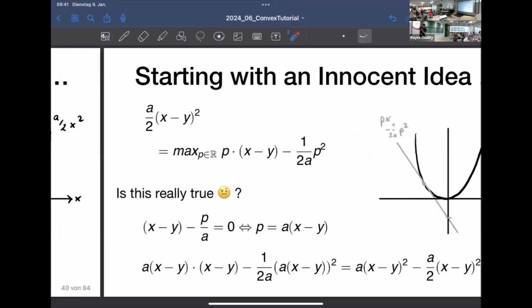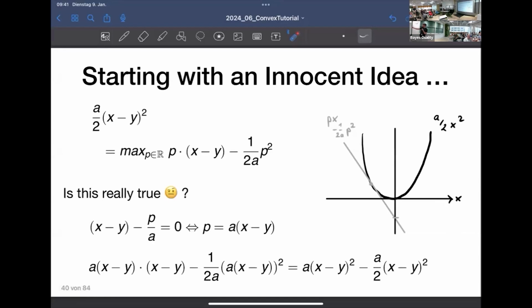And then we plug back a times (x minus y) for p up here in the maximum. If you do the calculation, you see that it's a (x minus y) squared minus a over 2 (x minus y) squared, which is a over 2 (x minus y) squared, your original function. So I can really write my quadratic function like this.